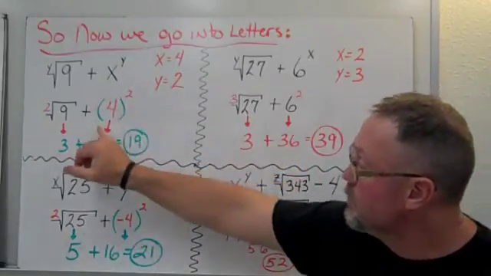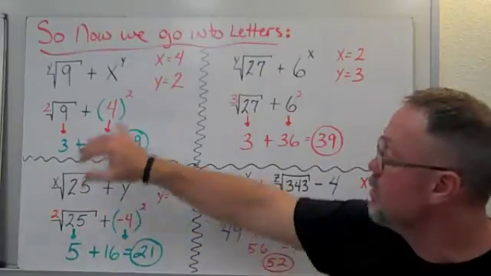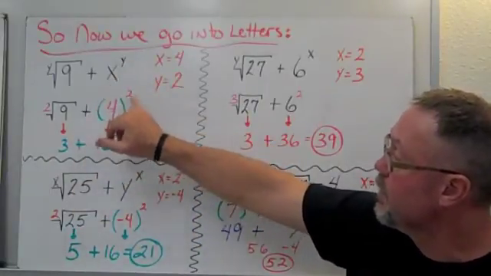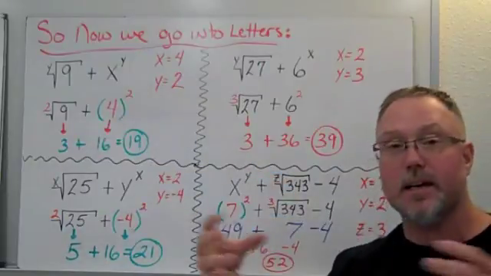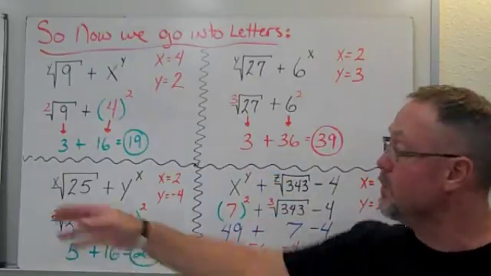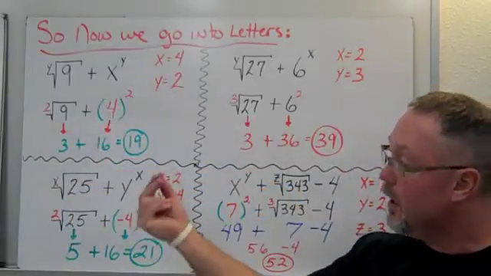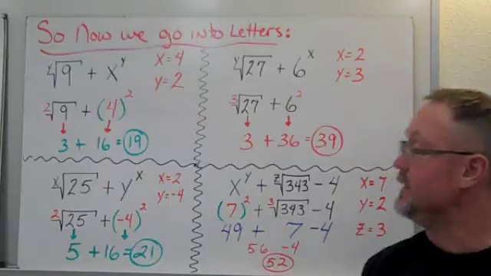So I'm going to put this in parentheses, and it's very important that you use them. Our y up here was the power of 2, so we're going to take 4 and square it. So we're just making a simple order of operations problem where the square root of 9 is 3, 4 squared is 16. Add those two together, we end up with 19.